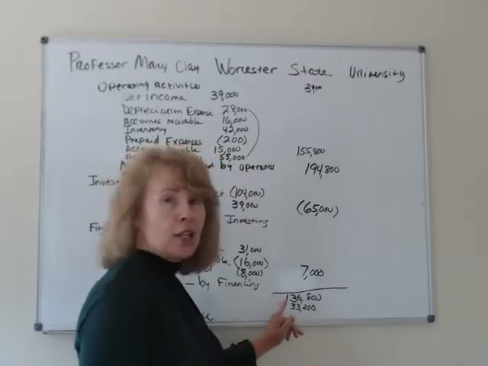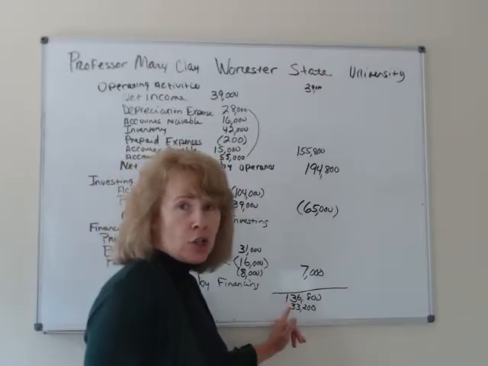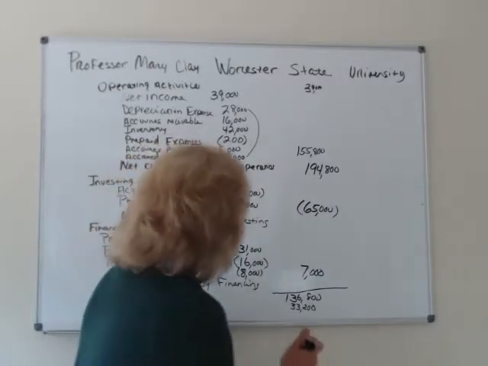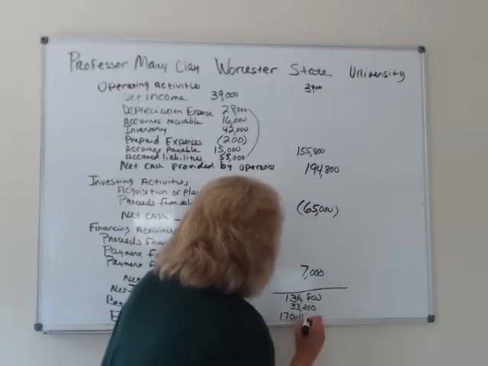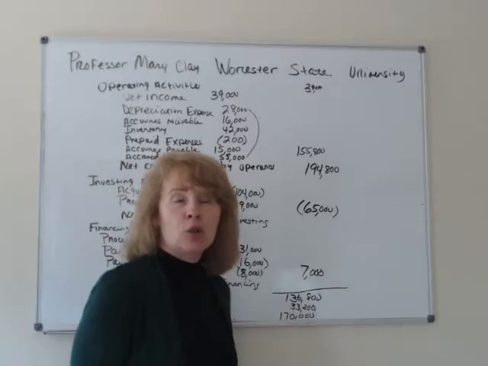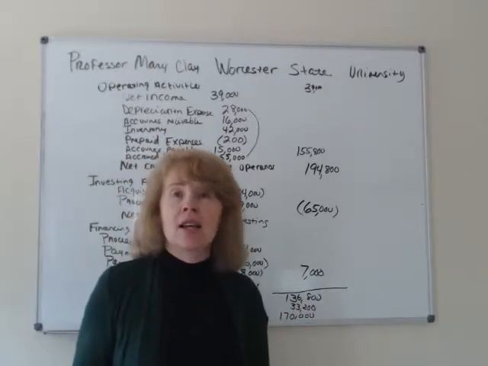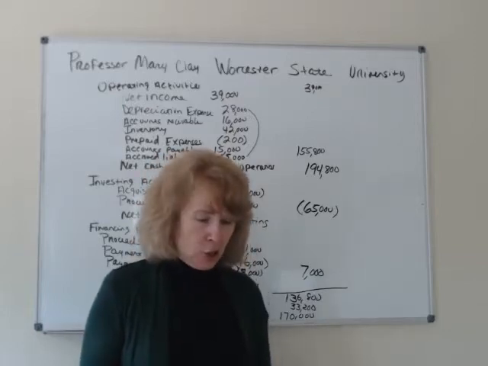Add in the change, 136.8, plus the beginning cash, and don't look till you're done. It better equal 170,000. Now, where do you find the 170,000? Correct. You find it on your final cash balance. So that's how you complete the cash flow method for the indirect.